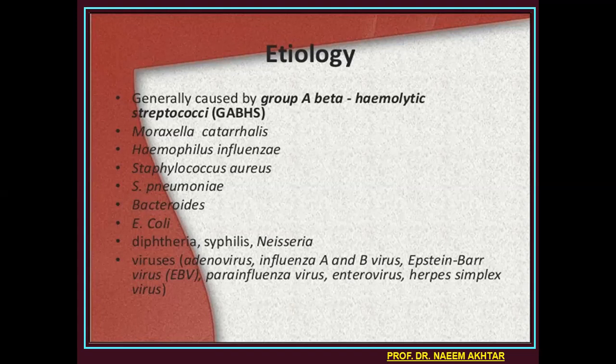And some viruses may also cause acute tonsillitis, for example adenovirus, influenza virus type A, type B, Epstein-Barr virus, parainfluenza virus, enterovirus, herpes simplex virus. It has been seen that the viruses cause the superficial catarrhal type of acute tonsillitis. Later on, they pave the way for the bacteria to jump in, and then the patient will get bacterial acute tonsillitis.